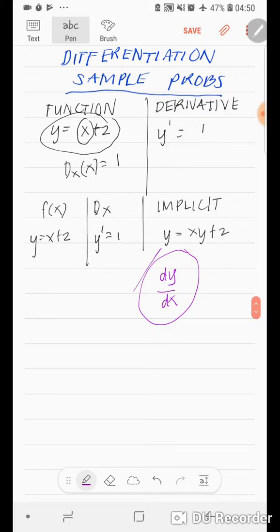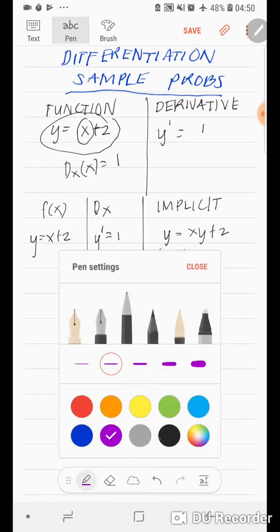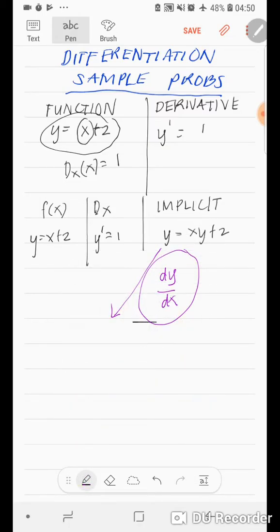So try to look at how I actually did it. So when you say y, it would be y prime equal to, let's get the derivative of xy plus the derivative of 2. So take note that we are just actually adding, and it's part of the properties of solving for derivatives.